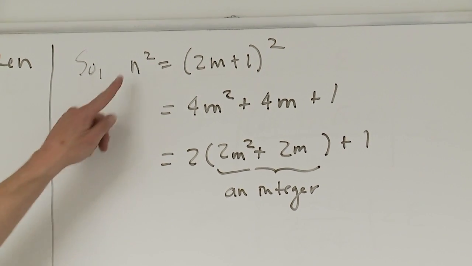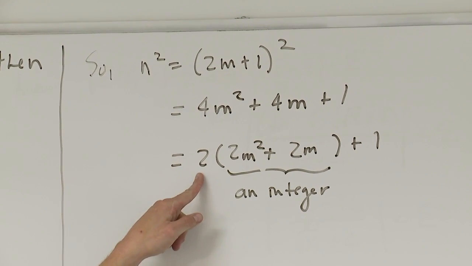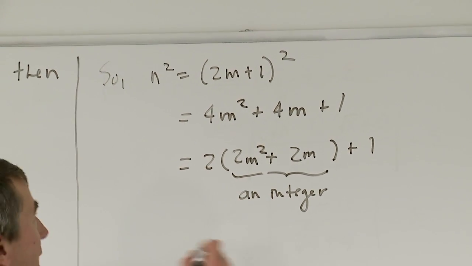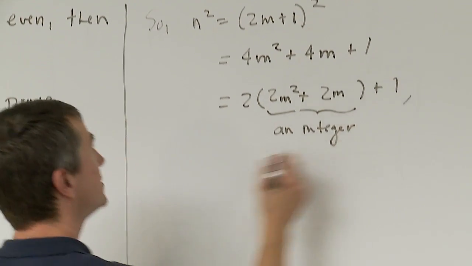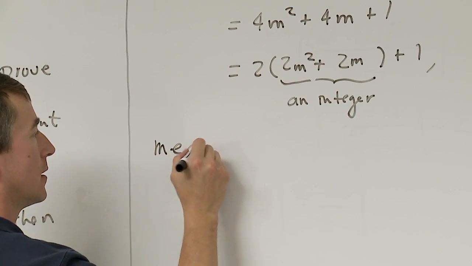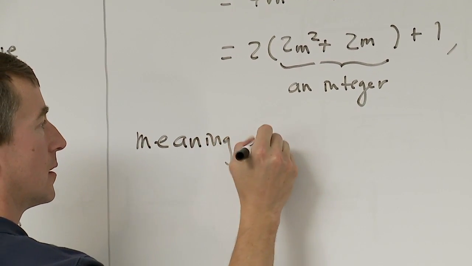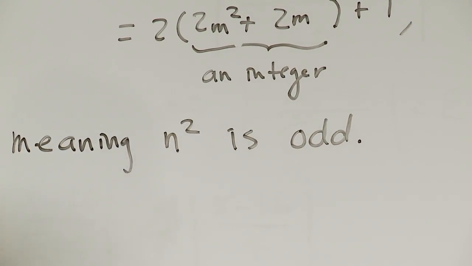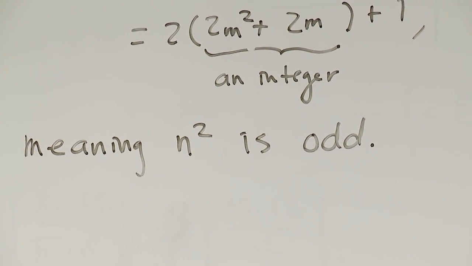So we have now written n squared in the form 2 times an integer plus 1, meaning n squared is what kind of thing? Is odd, which is what we were expecting would happen, right?